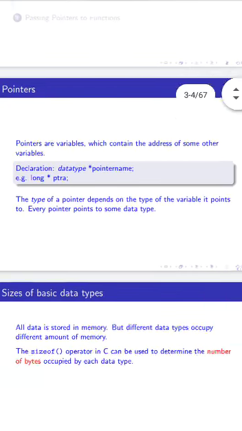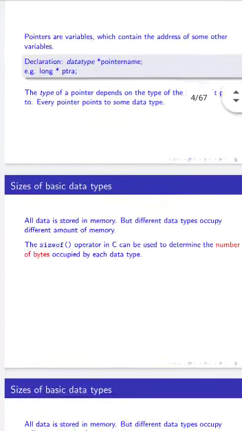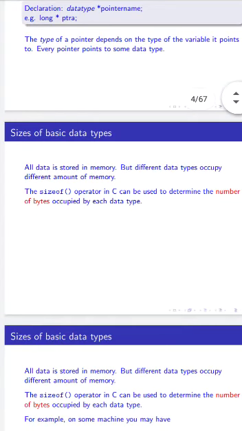From the next page, we can explain the pointer in detail. All data is stored in memory. We know that when we start computers, all the computer activity is stored in the memory.